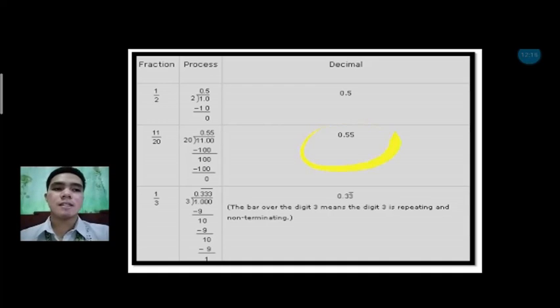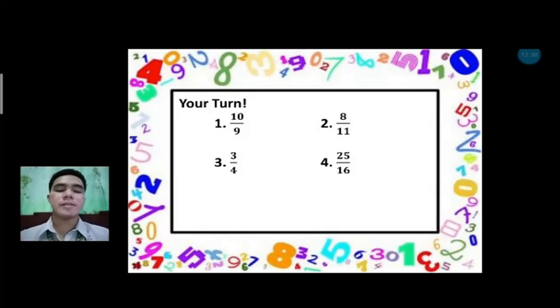Then, that is 0.55 in decimal form. 1/3, long division, then 0.3333 and so on and so forth, because we have here vinculum, which means that 3 is being repeated, the repeating digit.